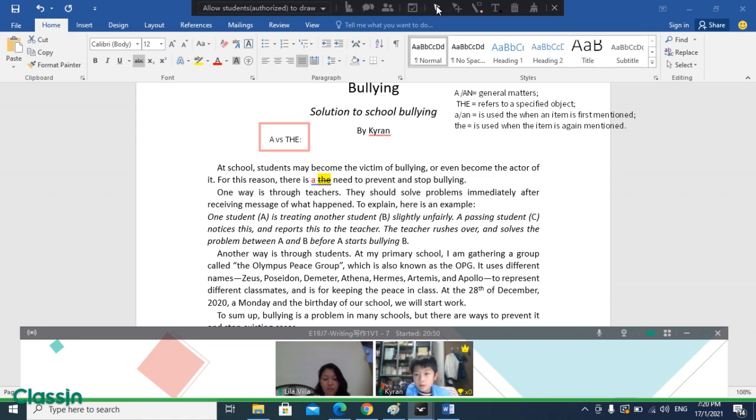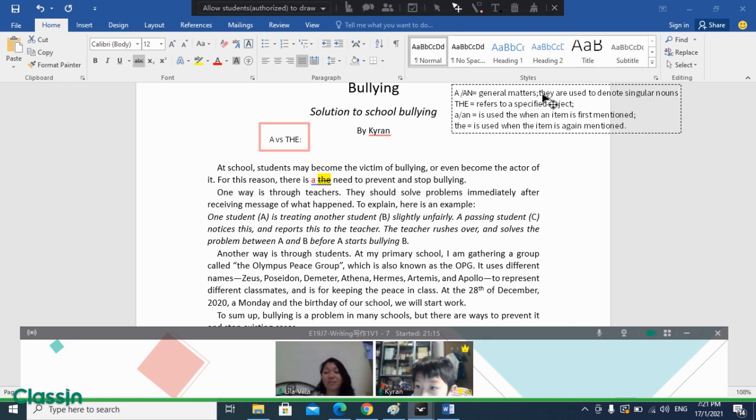There we go. Okay, now this is important because it's very significant. You need to remember these rules as you write. So a and an refer to general matters. Another thing is they are used to denote singular nouns, right?